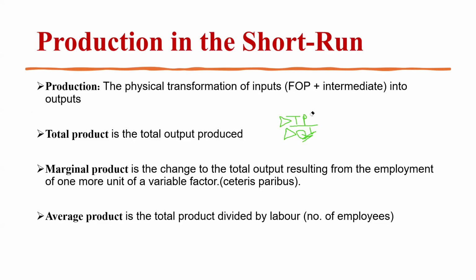So it is the extra output which resulted from what? From the employment of the additional worker. Is the change in total output resulting from the employment? No, I like to use extra.